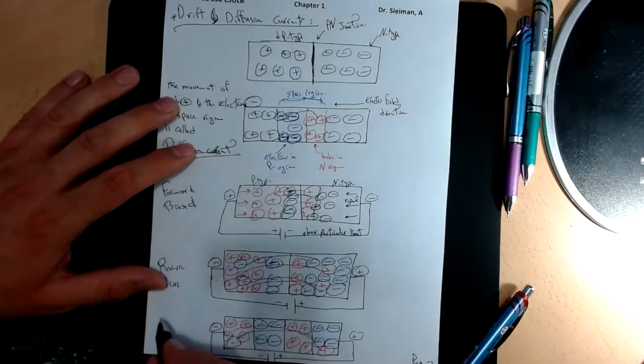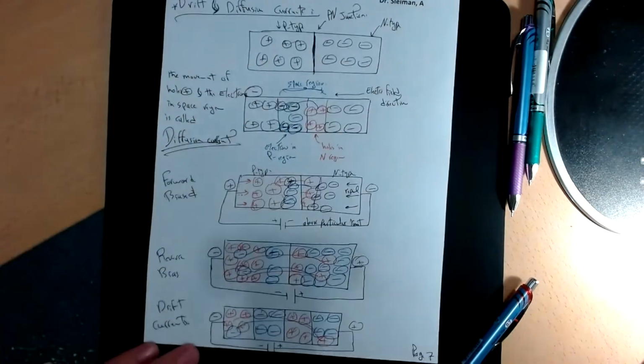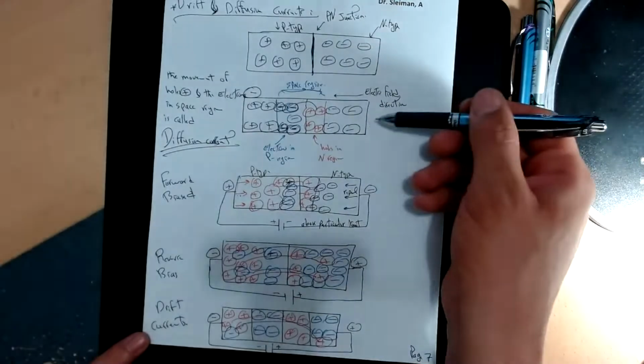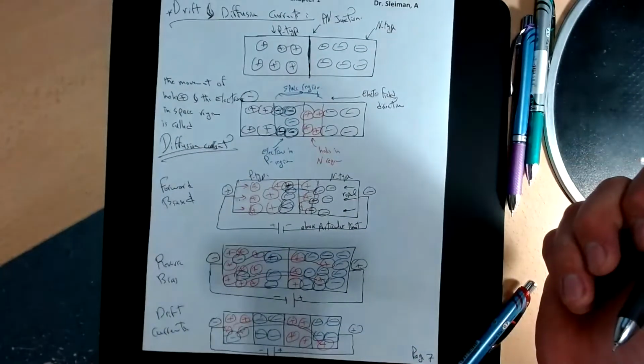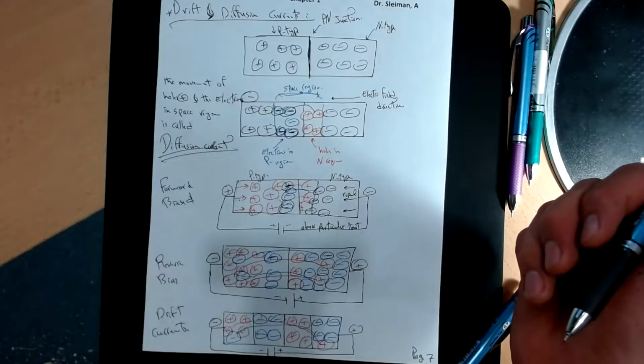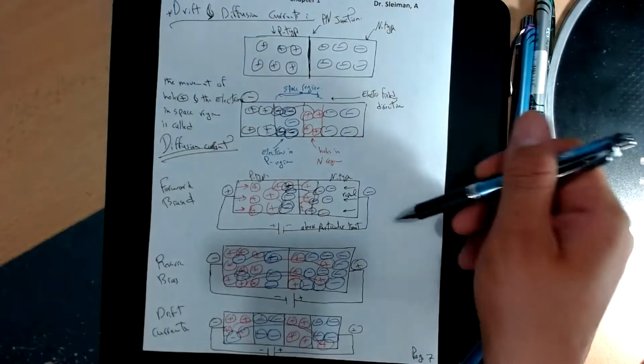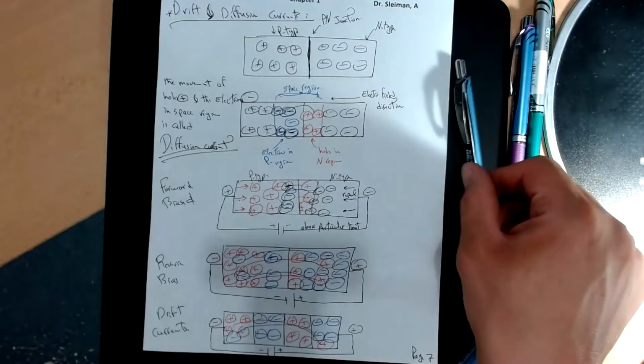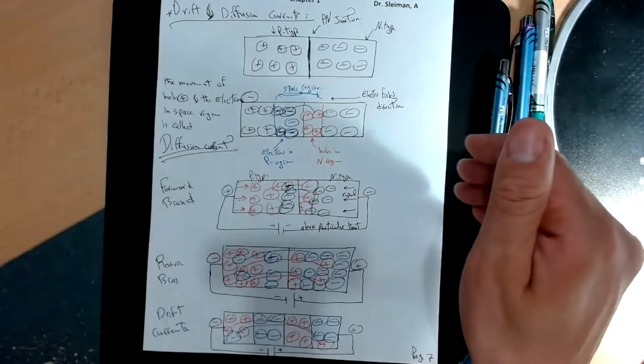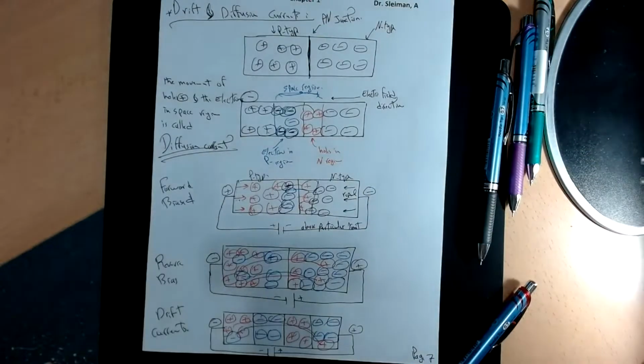So in this case, this is called drift current. Most likely the electron that moves around is the drift current, similar to this case, but introducing the voltage. This is most likely the drift and diffusion current. If you didn't get this, you can read more in the book, but I think this is very explicit and straightforward.